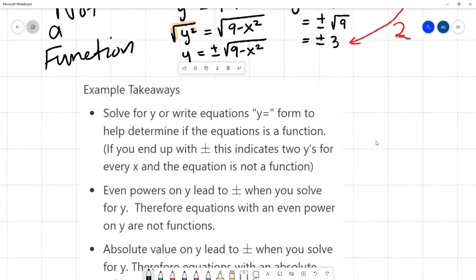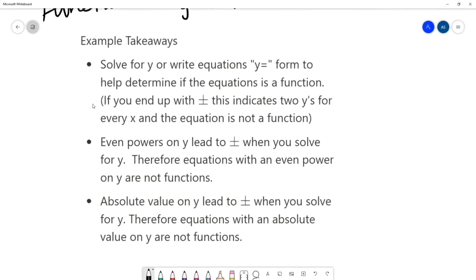So when you have problems like this, you want to solve for y, write that equation in y equals form, and something that helps you to determine whether it's a function is if you end up with a plus or minus symbol. This is going to indicate that you have two y's, maybe not for every x, but for some x's in the equation.